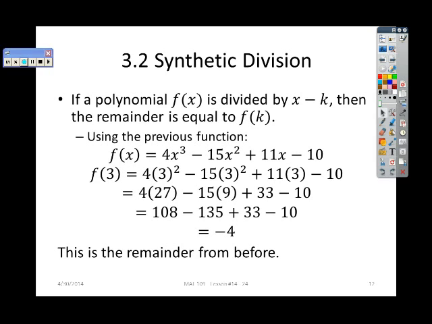That's the remainder we got when we did the synthetic division for that problem. That was the numerator of the fraction. So if you plug the k value in to the function, you get the remainder value. Because it's x minus k. And we had 3 outside.